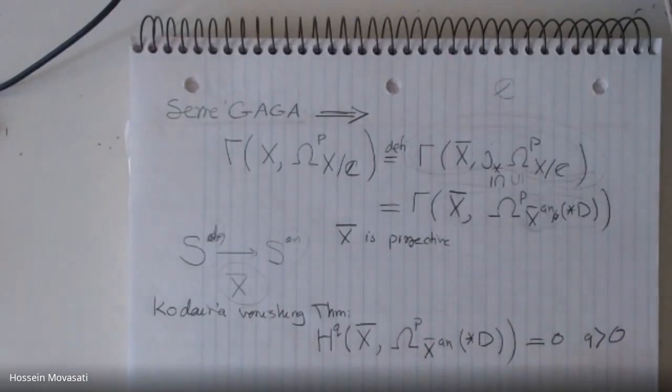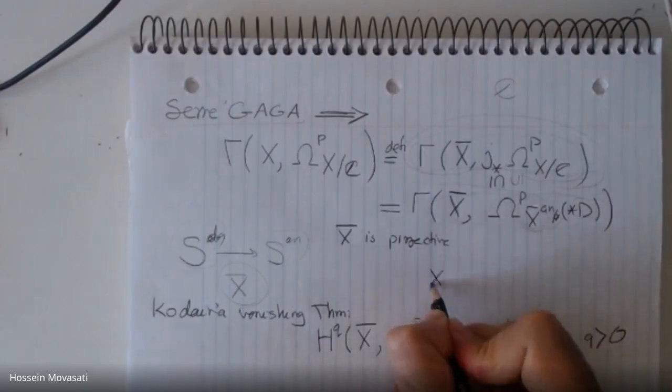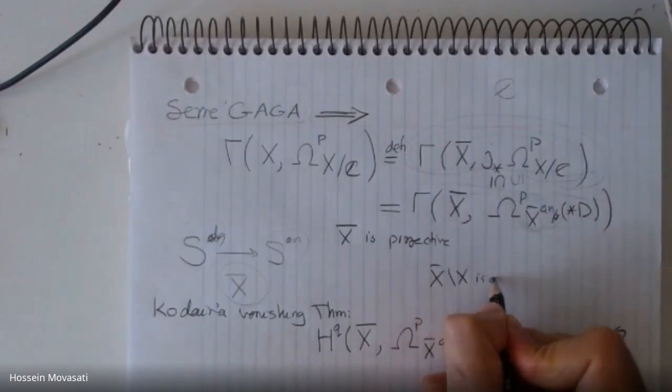So all these cohomologies are zero, and here we use the fact that D is an ample divisor, and from where it comes that D is an ample divisor, the fact that this X bar minus X is affine.